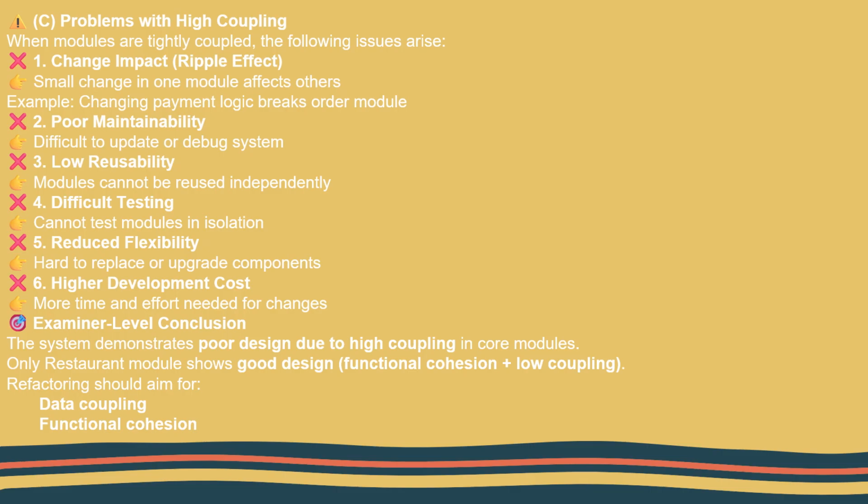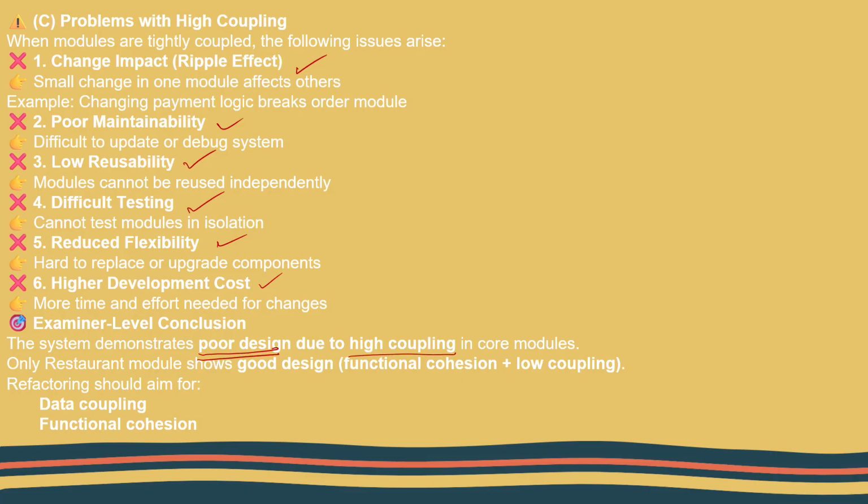Problems with high coupling are change impact, poor maintainability, low reusability, difficult testing, reduces flexibility, higher development cost. Or you can write it in the form of a line. The system demonstrates poor design due to high coupling in the core modules.